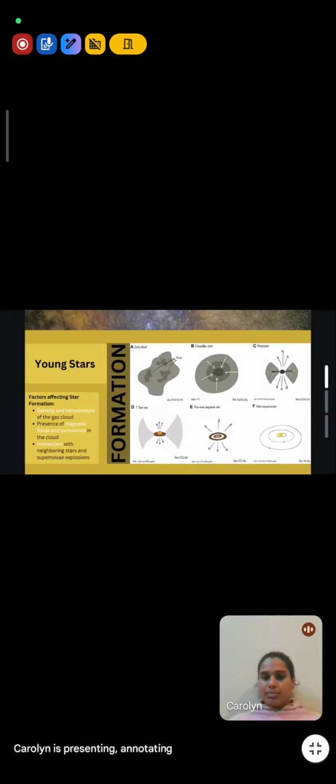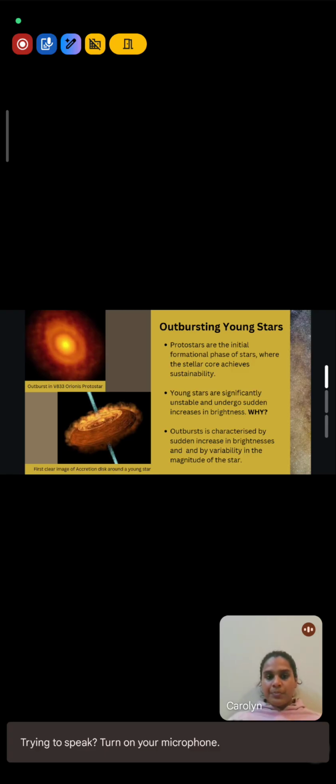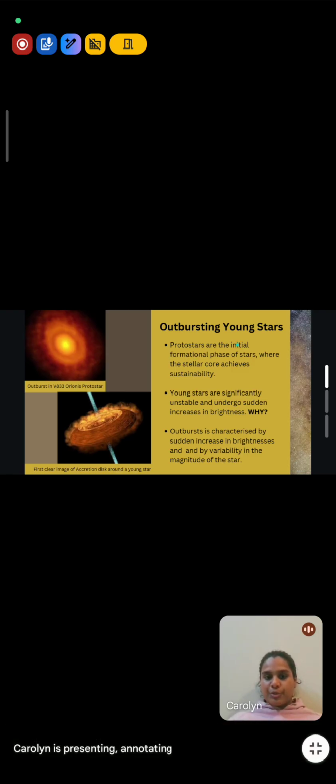This is the briefest way I can give you a star formation or solar system formation. We also had some outbursting young stars shown in the picture, as well as the accretion disk discussed in detail. Can someone tell me what an accretion disk means, or if you remember the term from before?